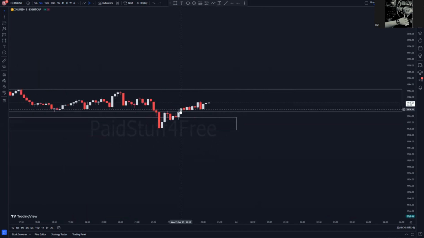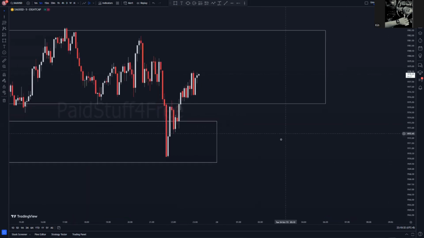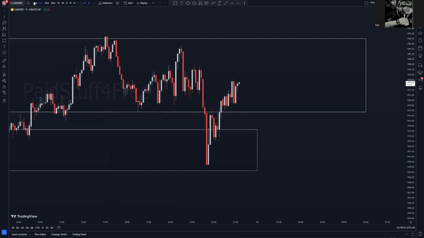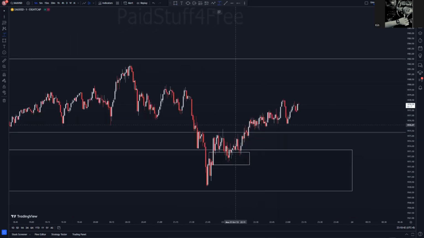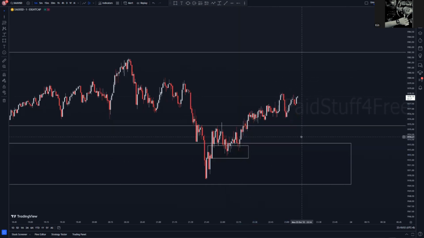All right, the CE. So I took my buy with this one actually. 50 pips. That happened on M1EF. Yeah, I use M1EF.